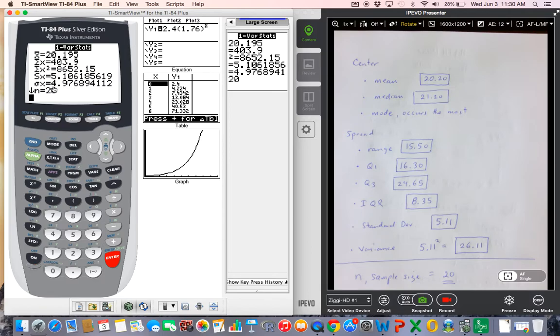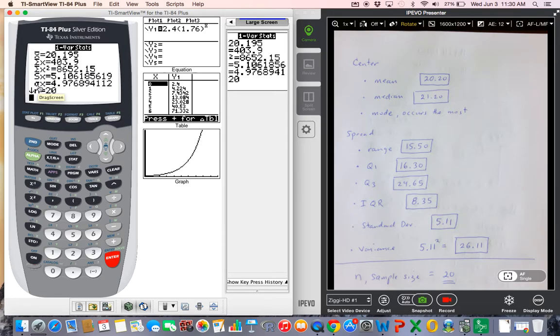So it would be 4.98. The population standard deviation is always less than the sample standard deviation because of the denominator. We divide by a bigger number. We divide by n instead of n minus 1, as I demonstrated in a previous video. So if we wanted the population variance, we would take 4.98 squared to get it.